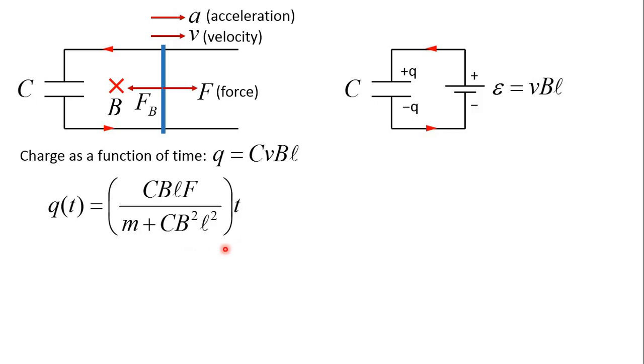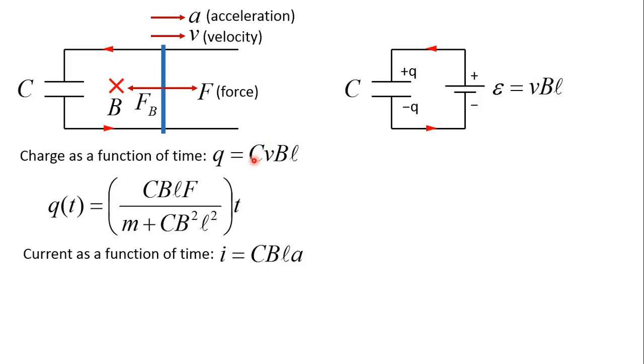Then after getting charge as a function of time, we can also find current flowing in the circuit as a function of time. Current is dq by dt. Since q is a function of time, we can differentiate this and we can write current as a function of time. In fact, you can differentiate this also, dq by dt.